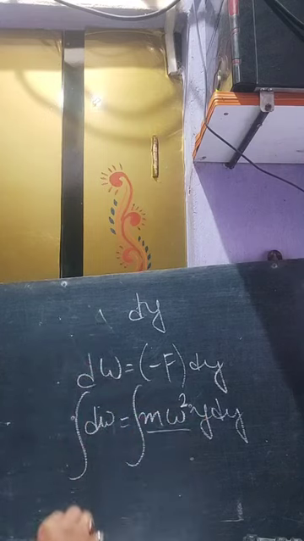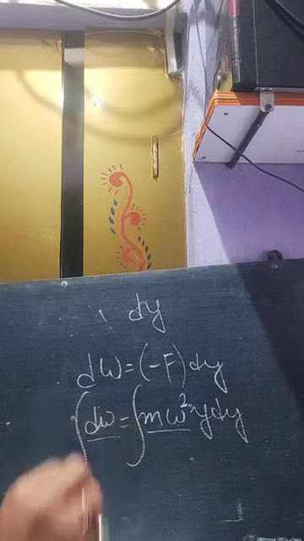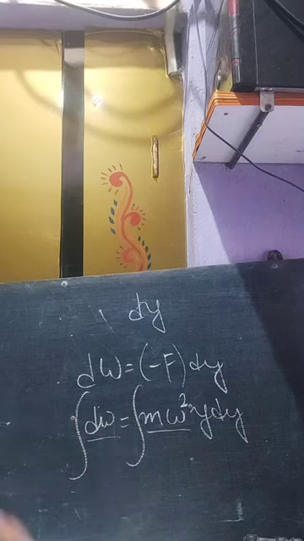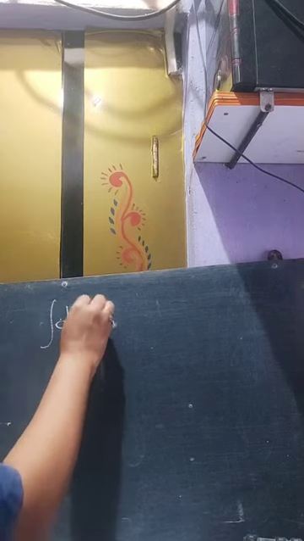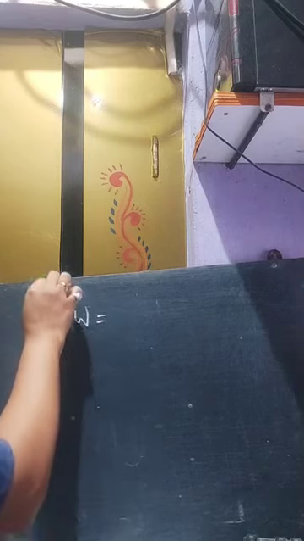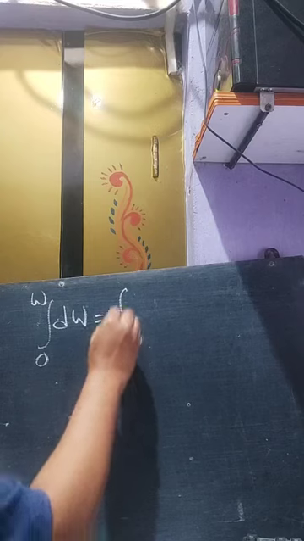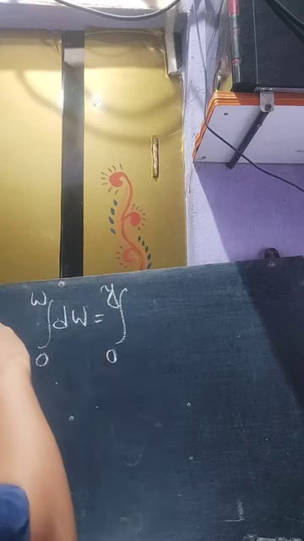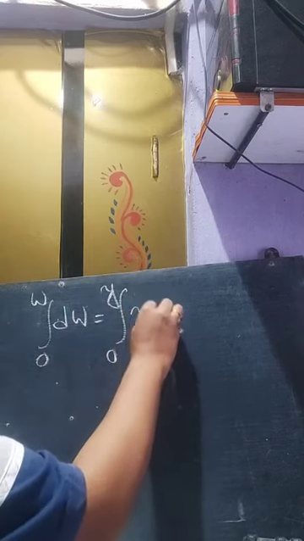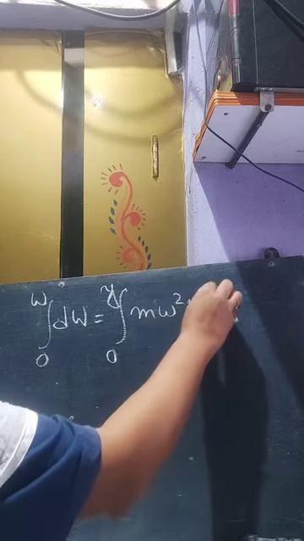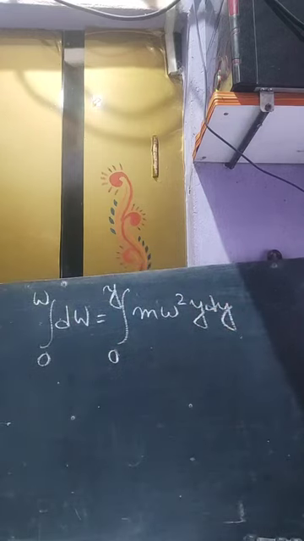m omega square is the constant. So, let us discuss this integration part. We have the integration of dW, where the limit is 0 to W, equals the integral from 0 to y of m omega square y dy.